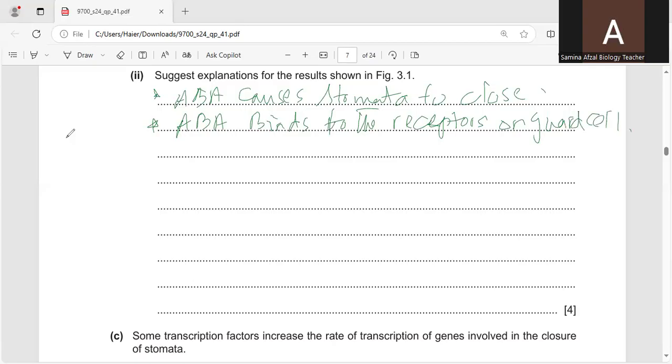Then it activates calcium ions to enter the guard cells, and these calcium ions act as a second messenger.